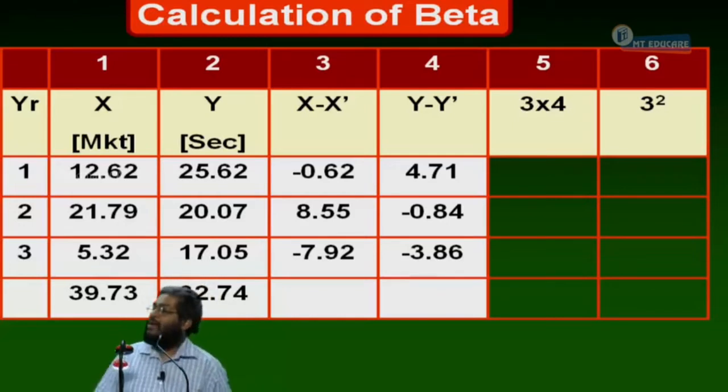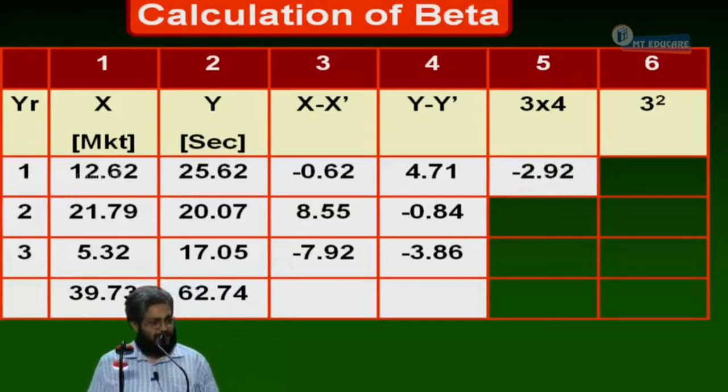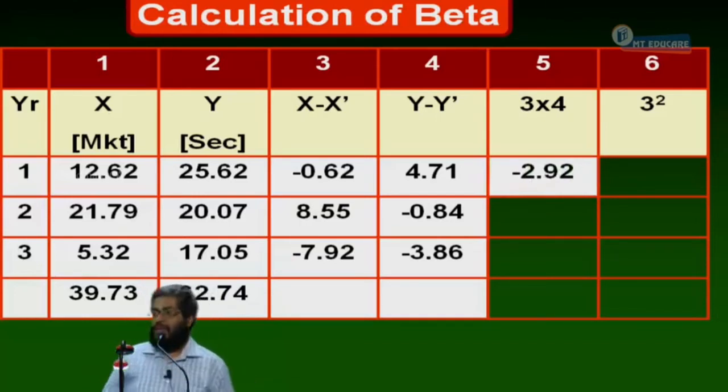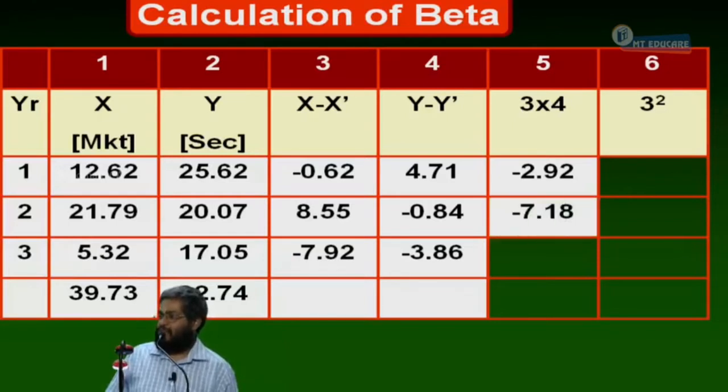Can I proceed? Now, column 3 into 4 is x minus x bar into y minus y bar. Minus 0.62 into 4.71 is minus 2.92. 8.55 into minus 0.84 gives minus 7.18.